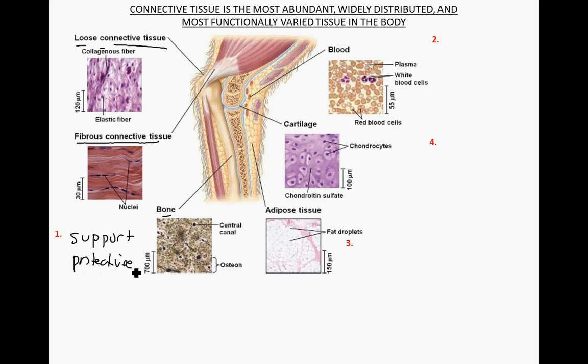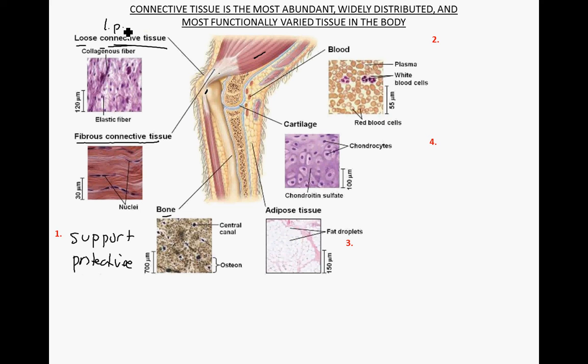For example, you have tendons here that are connecting muscle to the bone, so they're literally connecting two things together there. This loose connective tissue is the lamina propria, the basement membrane, right? So this is the underlying connective tissue that we've been drawing earlier.